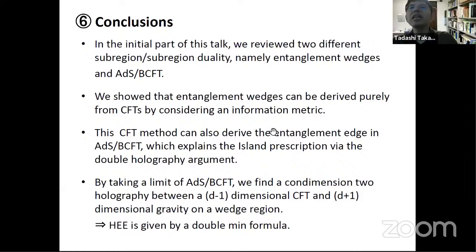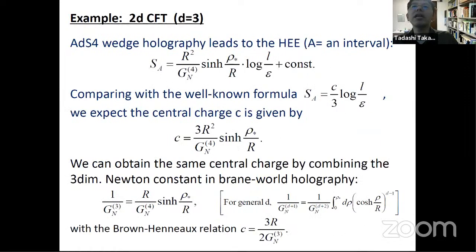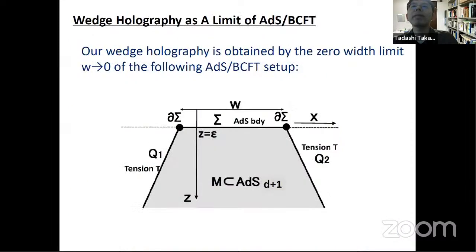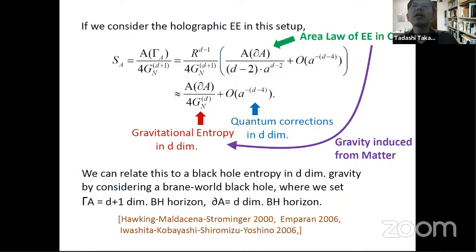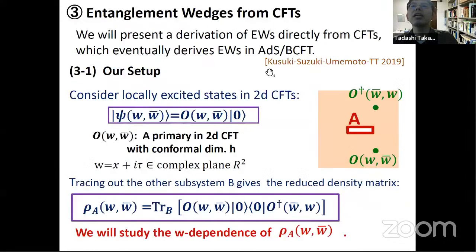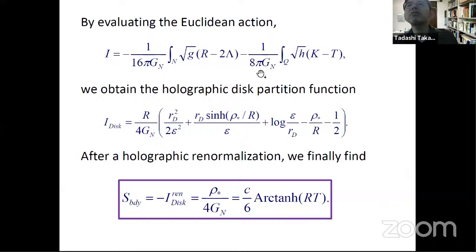Good question. Actually, that's an excellent question. Let me go to the slide. So in my talk, we assume this function, but you can put some scalar field or fermion field or gauge field here, which localize on Q. The reason I neglected them is that we just want to focus on the gravitational degrees of freedom, and to calculate boundary entropy the tension term is enough.